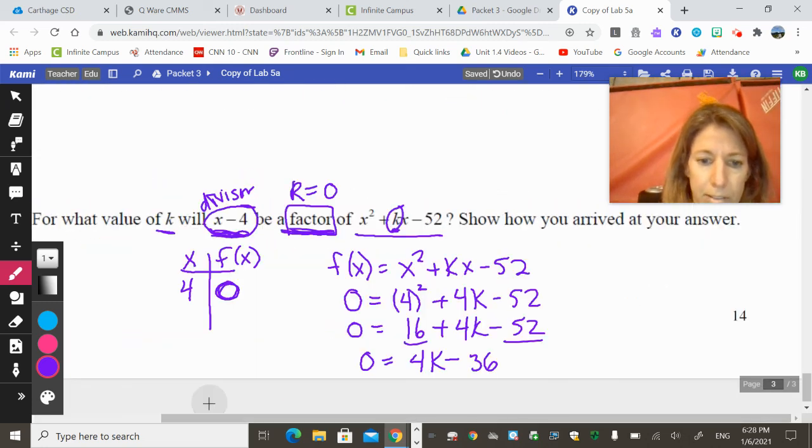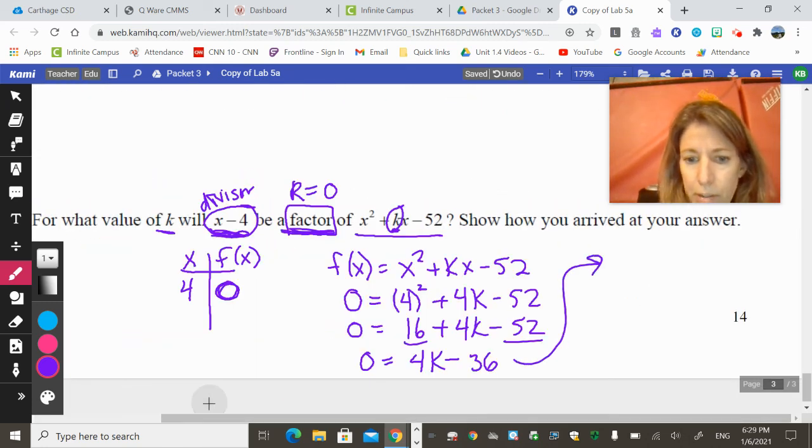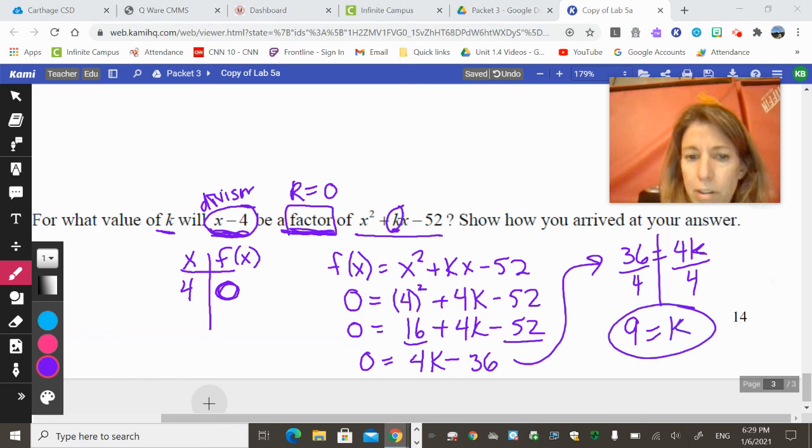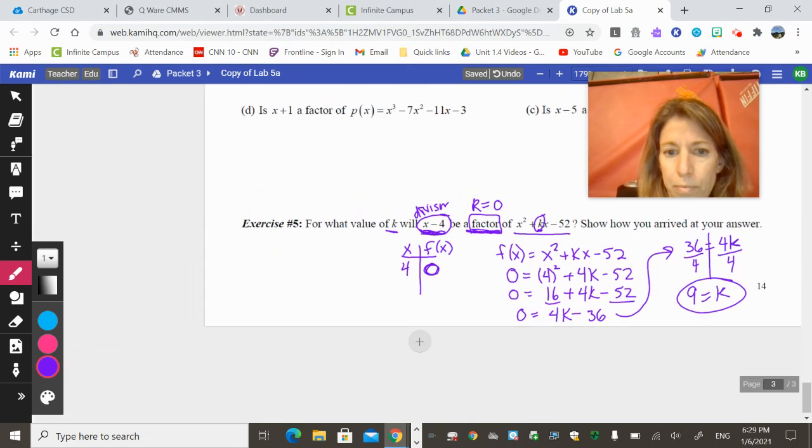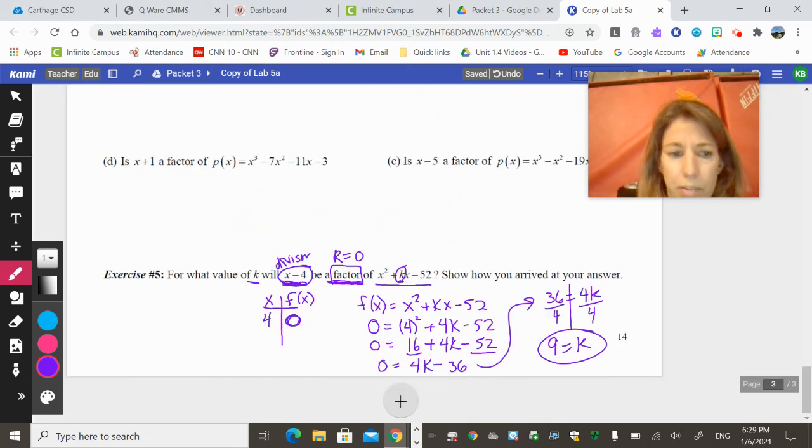I'm going to add 36 to both sides to get 36 equals 4k. When I divide by 4, 9 equals k. So my final answer is k would have to equal 9.